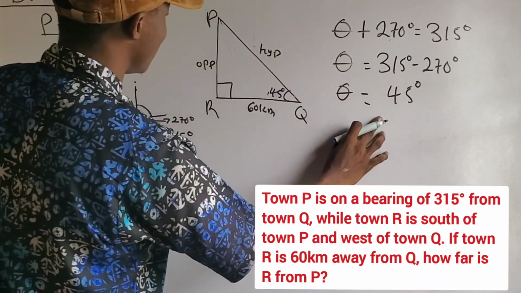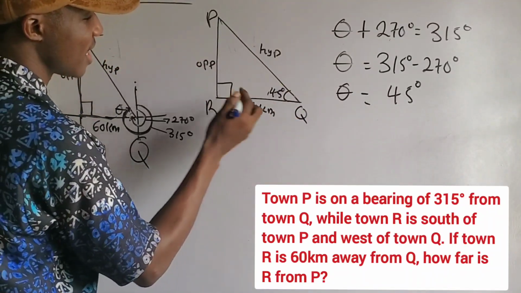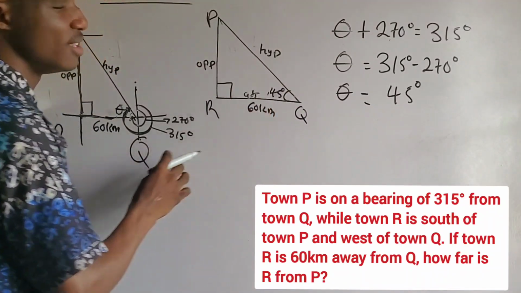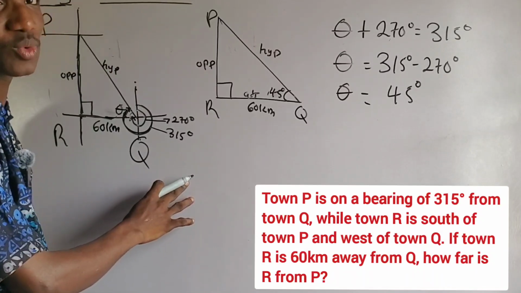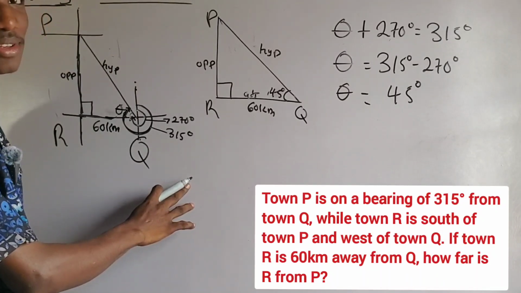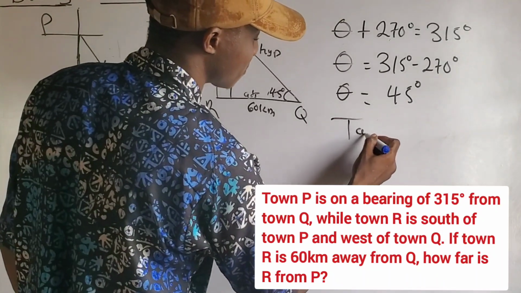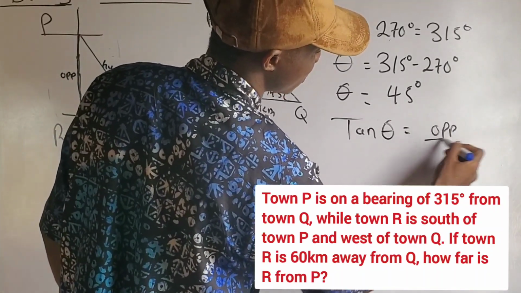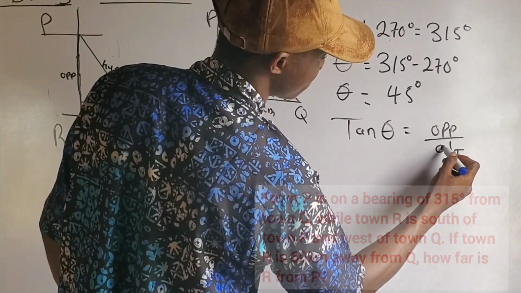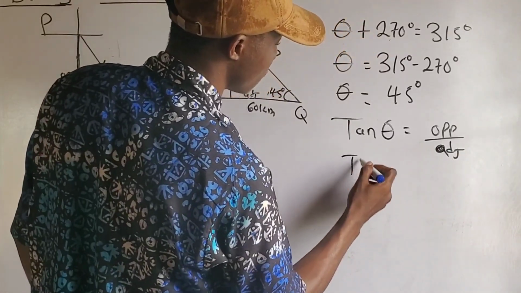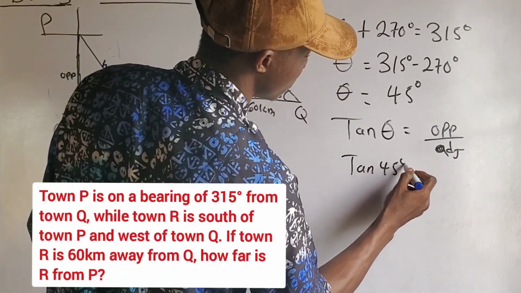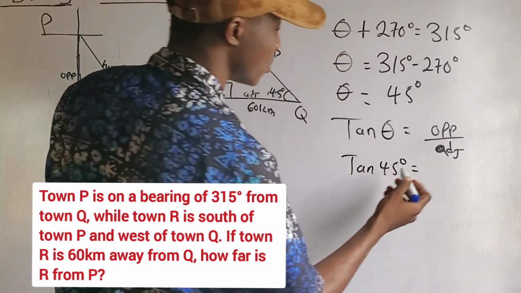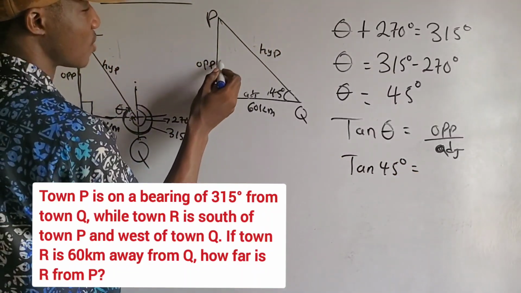So this is 45 degrees, opposite and adjacent. The trigonometric ratio that is suitable for that is what? That is tan. So I'm going to have tan theta equals opposite over adjacent. So tan 45 degrees equals opposite. The opposite is not known, so let's just represent it as y.